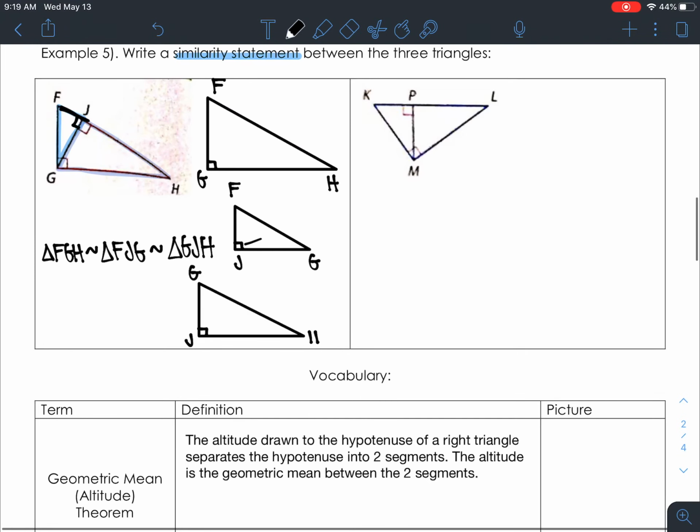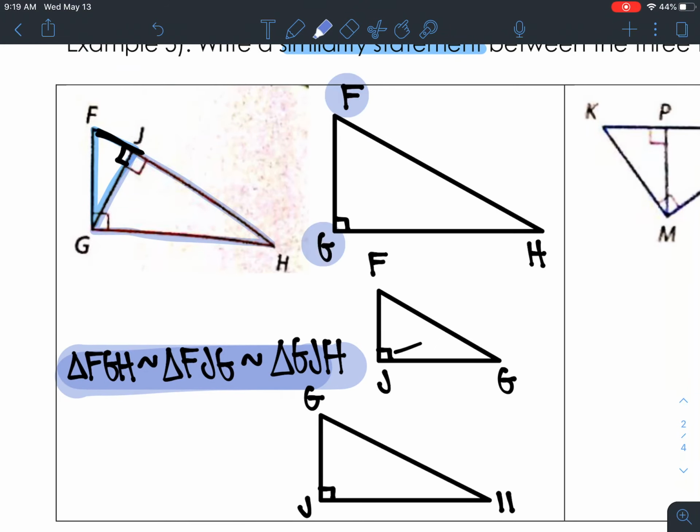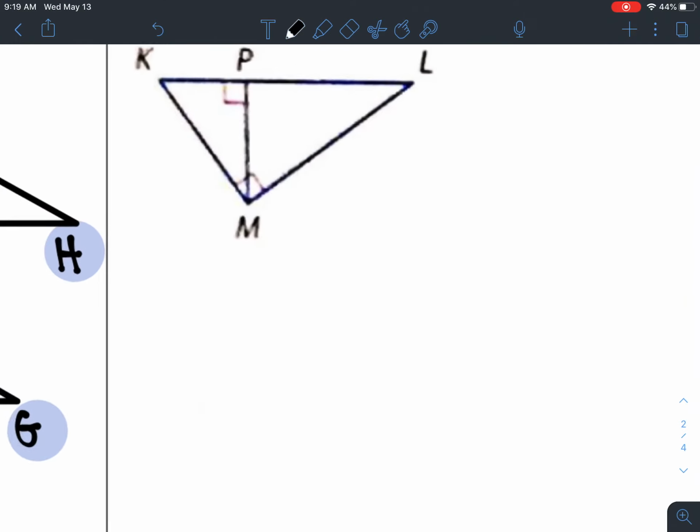And that's my final answer, okay? All right, and if you look, we started up here, FGH, FJG, GJH, okay? All right, let's try this next one, okay?